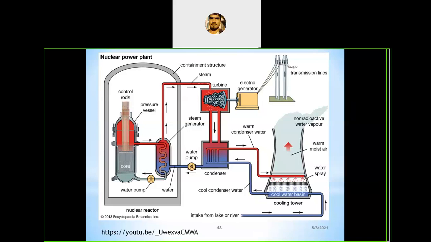In order to understand the working of a breeder reactor, it is necessary to understand the fission reaction. Fission means splitting action. Naturally occurring uranium contains three isotopes: uranium 234, uranium 235, and uranium 238.